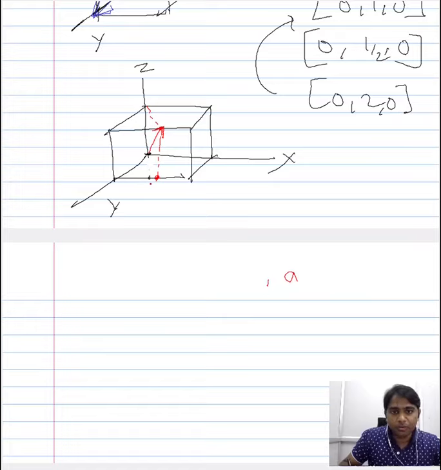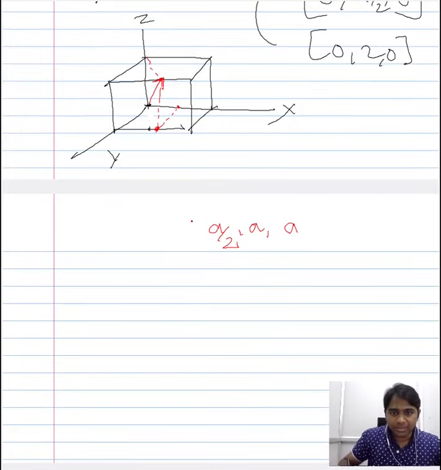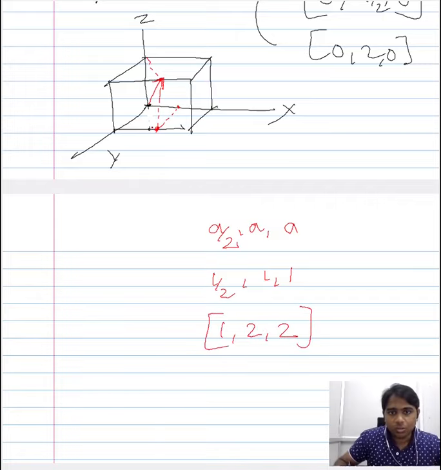And when you plot the projection of this direction from the xy plane to the corresponding principal axes, it meets the x-axis at a by 2 and the y-axis at a. So when you get rid of the a, you will end up with 1 by 2, 1, 1, and when you multiply everything by 2, you will end up with 1, 2, 2. So this direction is nothing but 1, 2, 2.